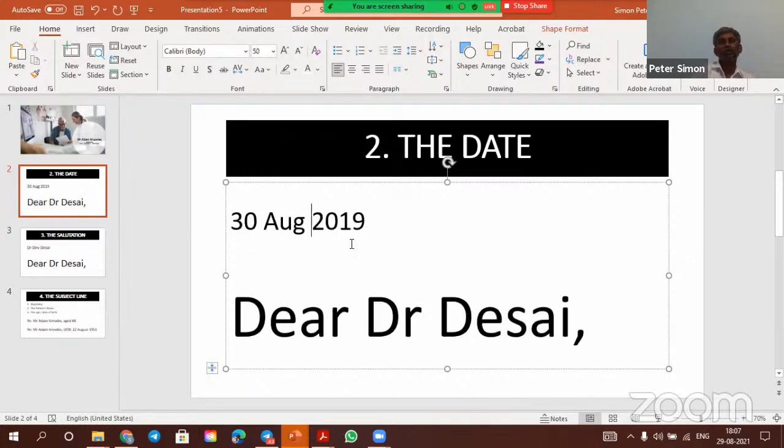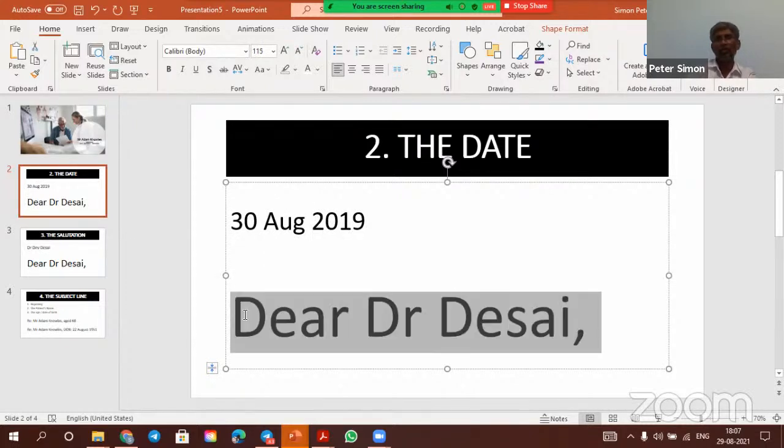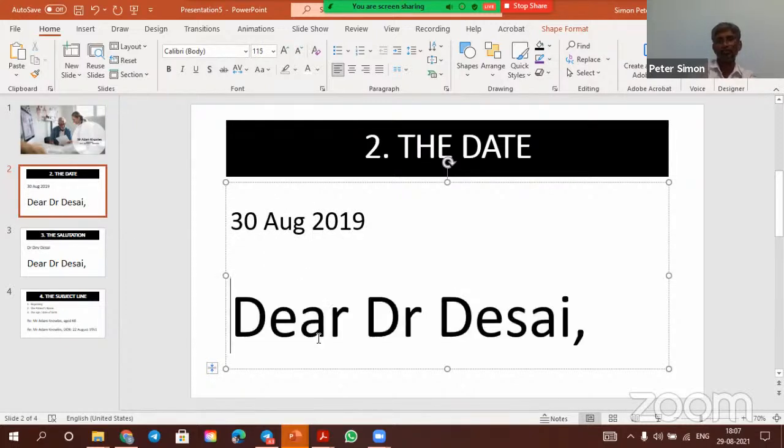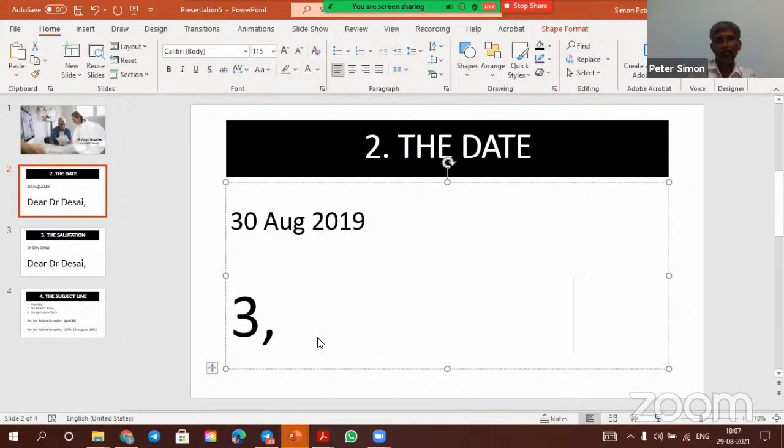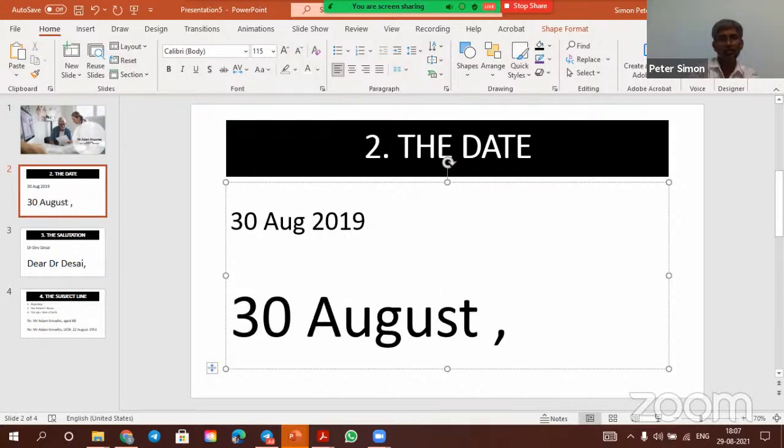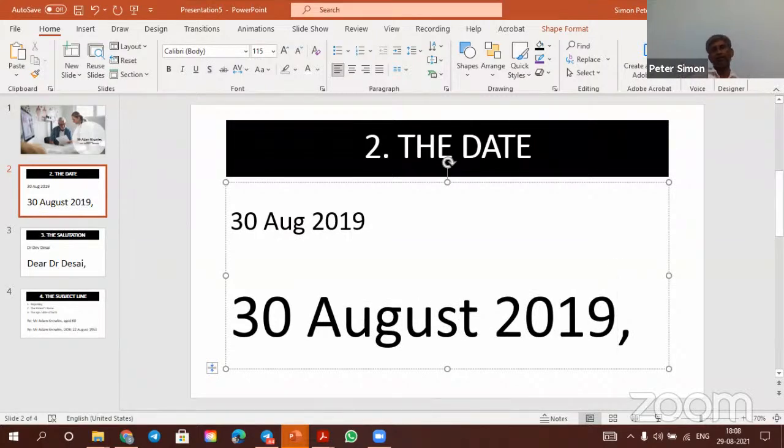This is given in short form, but you are not supposed to write like that. You have to write 30, capital letter August 2019. You have to present it like this. Don't write any other format. This is called the standard format.